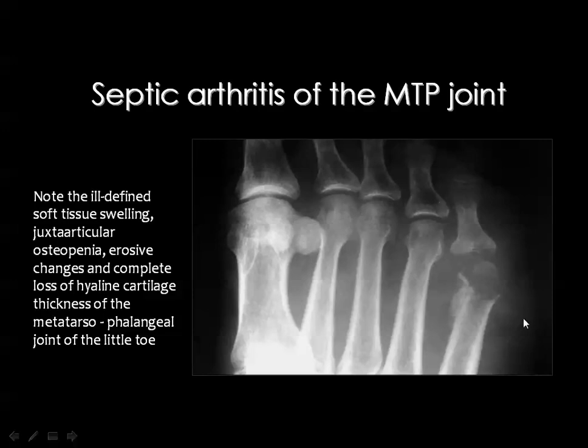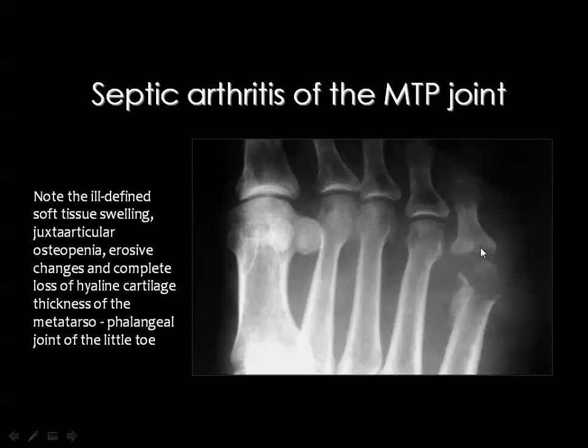And here, if you see the changes on one side of the joint, you assume this is osteomyelitis, but if you see that the changes are on both sides of the joint, you assume that this is septic arthritis. And this is septic arthritis of the metatarsophalangeal joint of the little toe.